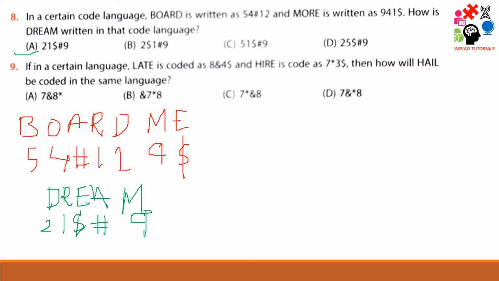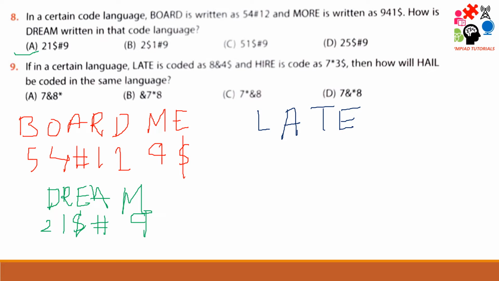In a certain language, late is coded as 8@4$ and hire is coded as 7*$3. Then how will hail be coded in the same language? So first let us write down all the letters, LATE.